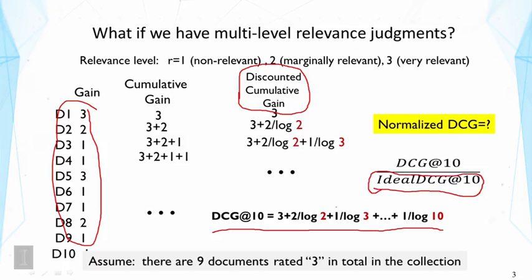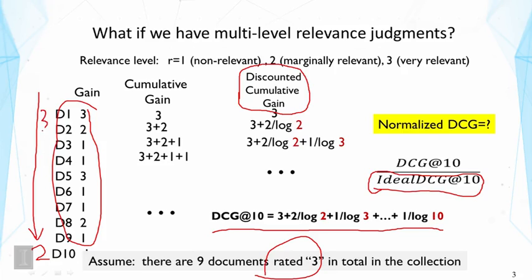So imagine if we have 9 documents in the whole collection rated 3 here, that means in total we have 9 documents rated 3. Then our ideal ranked list would have put all these 9 documents on the very top. So all these would have to be 3. And then this will be followed by a 2 here, because that's the best we could do after we have run out of 3s.